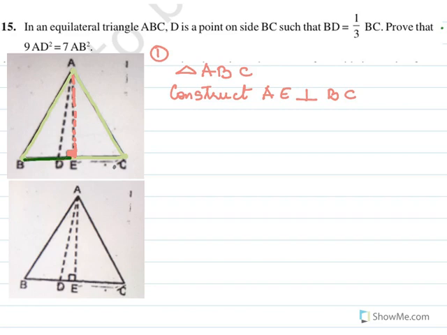So we'll have BE equal to EC. That is by property of equilateral triangles. We will use this later. An altitude, or perpendicular from the opposite vertex, bisects the base.